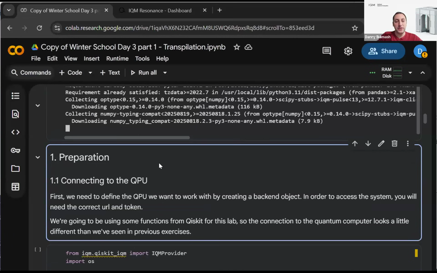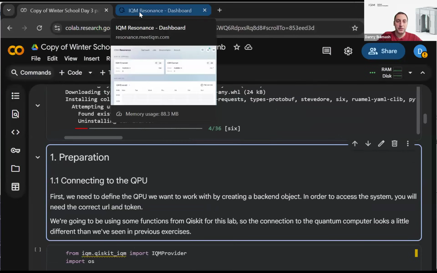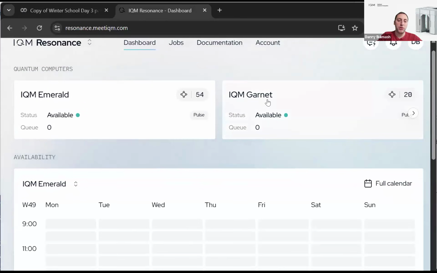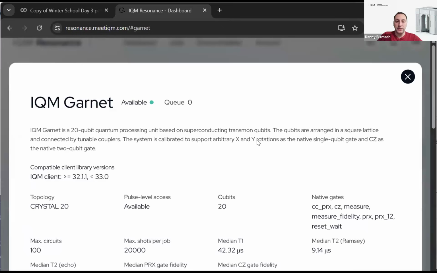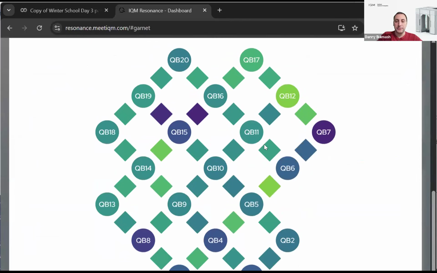While this is happening, I also want to show you a little something on Resonance. Since I decided I would use Garnet, I'm going to pull up Garnet, but this works for Emerald as well. If you look on the Resonance website and click on one of the machines, you get something that looks like this.